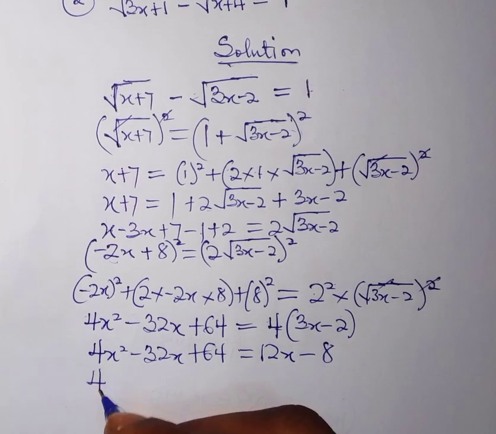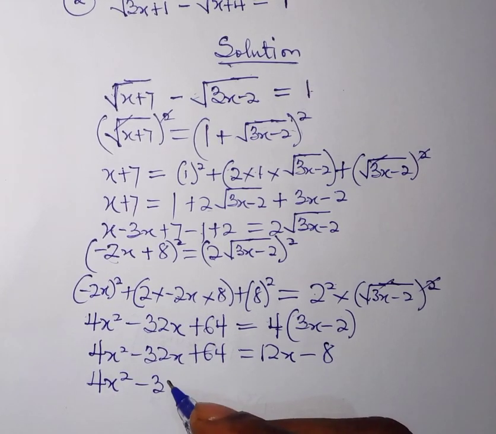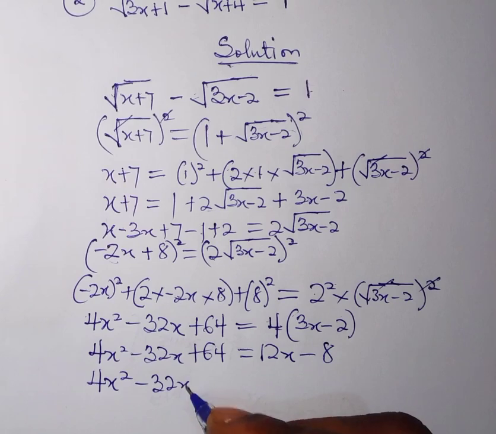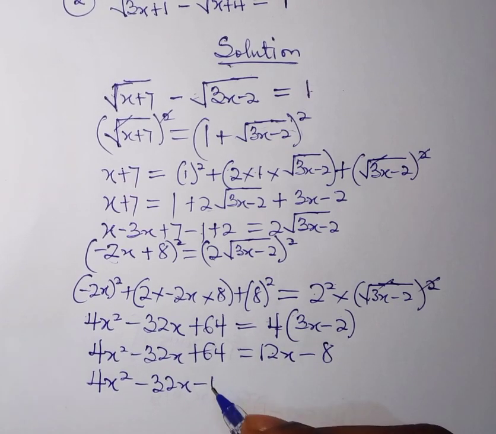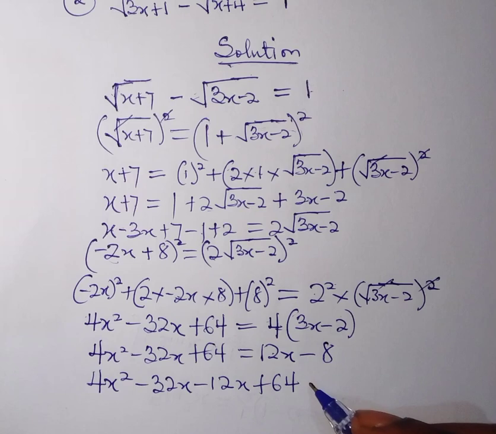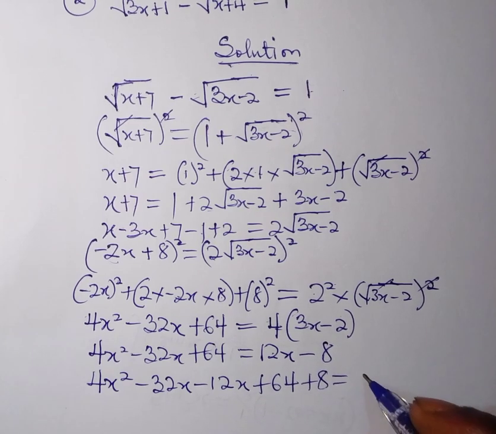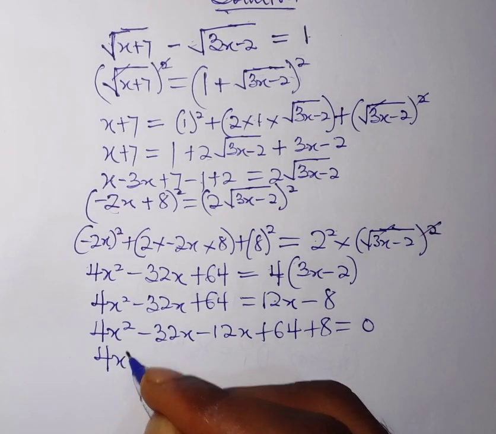Now let me group like terms. So I'll have my 4x squared minus 2x minus 12x plus 64 plus 8, which is equal to 0. All right, so we have 4x squared.